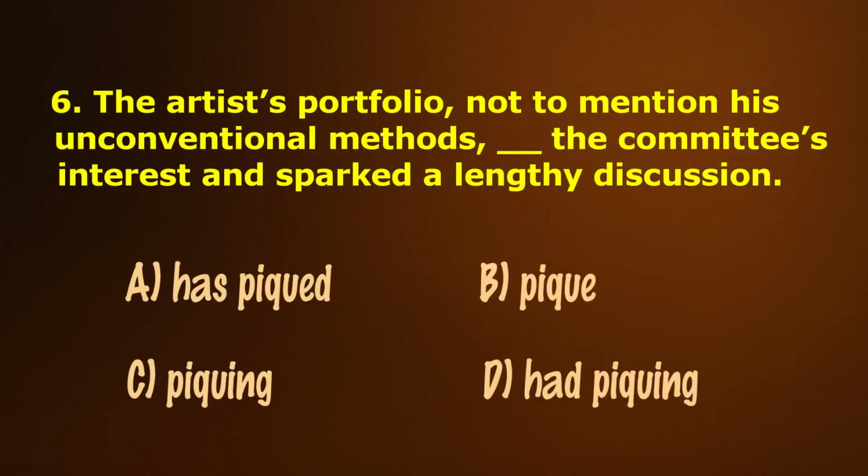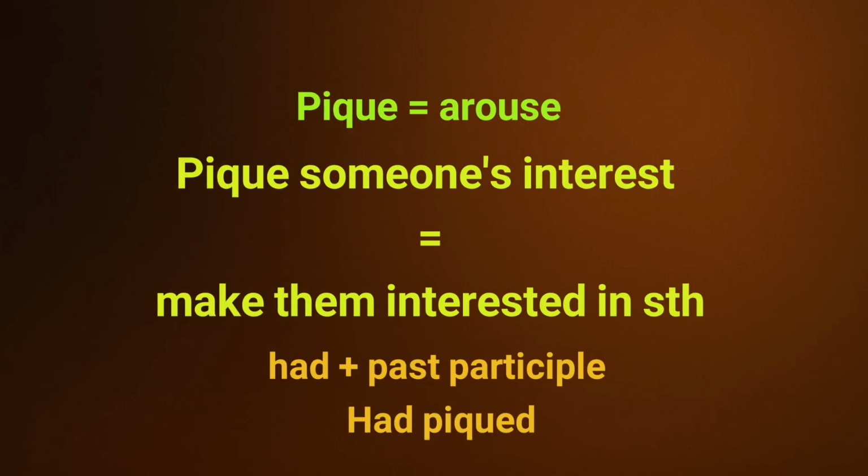Number 6. The artist's portfolio, not to mention his unconventional methods, blank the committee's interest and sparked a lengthy discussion. Has piqued, pique, piquing, had piquing. Pique here means arouse. Pique someone's interest means to make somebody interested in something.